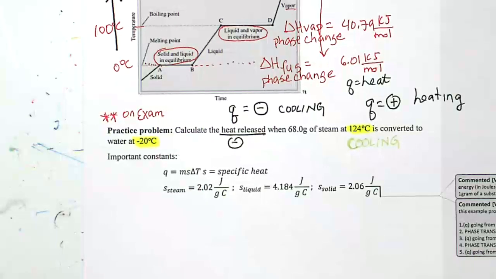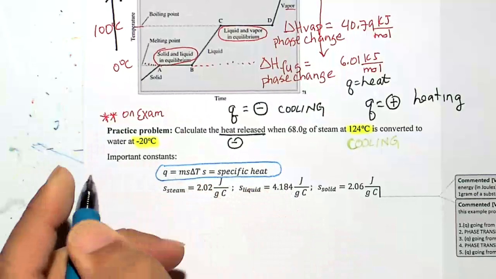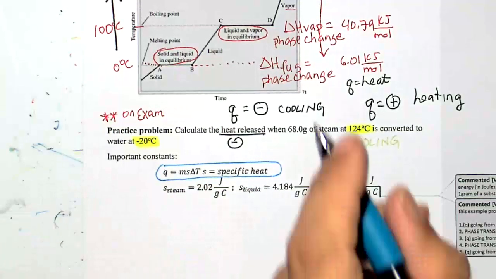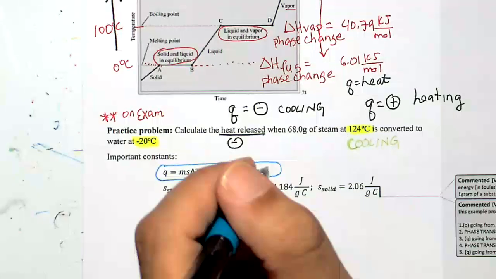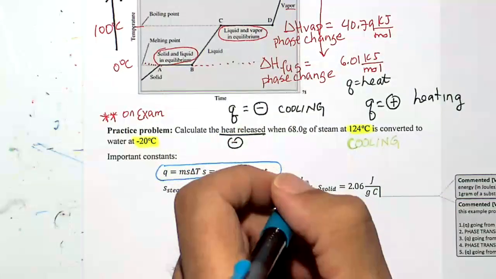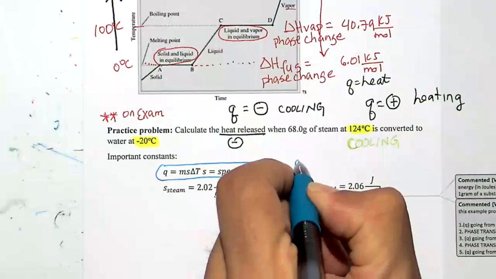All right, there is an equation here that I'll give you on the test. It's q equals m s delta T. This s is the specific heat. You do not need to know the definition, but I'll give you the definition. We just need to know what it means. So let me give you the definition just for clarity's sake.